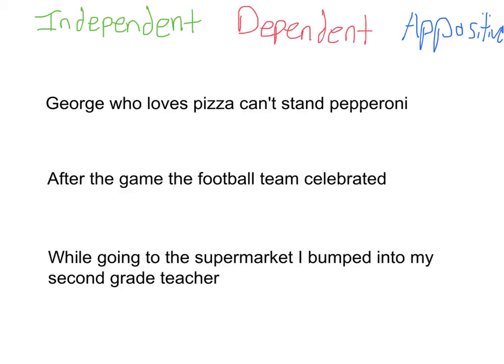So, George, who loves pizza, can't stand pepperoni. Hopefully, you can hear the appositive phrase, which is, who loves pizza. And so, George can't stand pepperoni is the independent clause. And don't forget, we put in our commas.